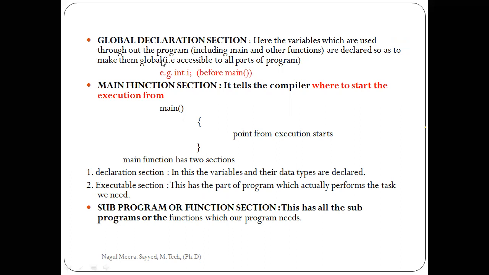What is the maximum capacity of this number? 2 bytes or 4 bytes, depending upon the compiler. So simply, I can store from 0 to 2 to the power of 32 minus 1.